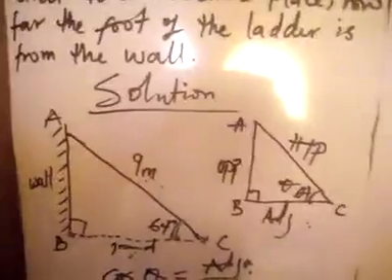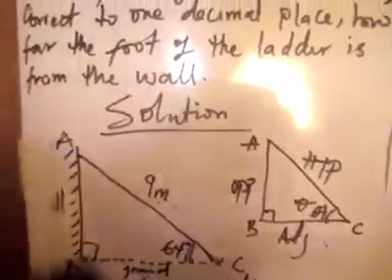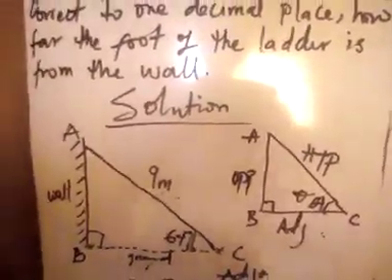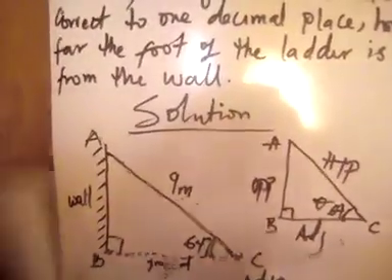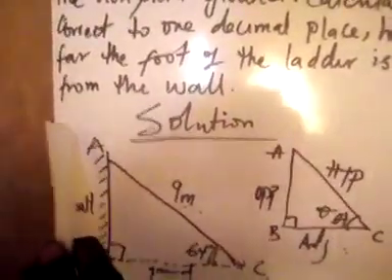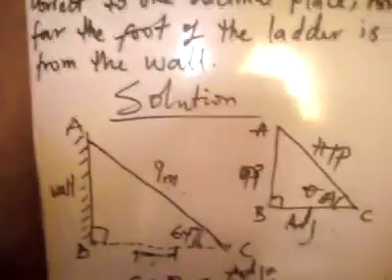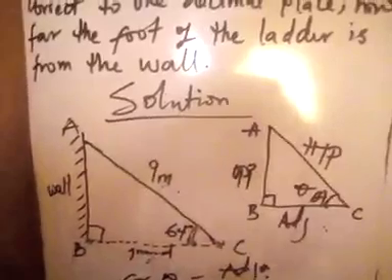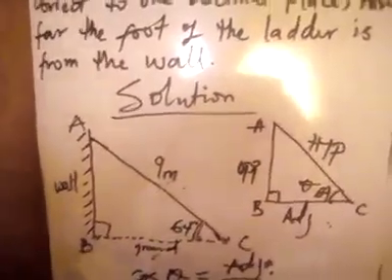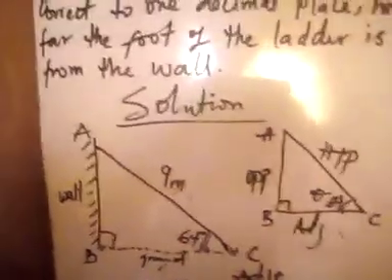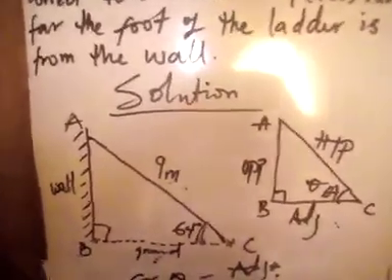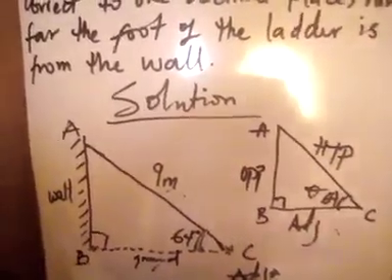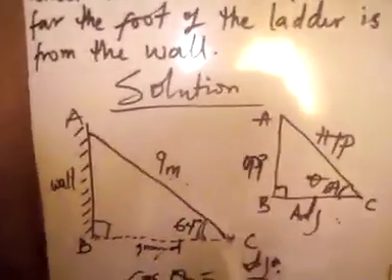I always tell you to do what? To have a diagram, a description of the question. You know that a vertical wall will be like this, and your ladder is leaning against the wall like this, and you have the foot, the ground, like this. So what they ask us to find is the distance between the wall and the foot of the ladder.